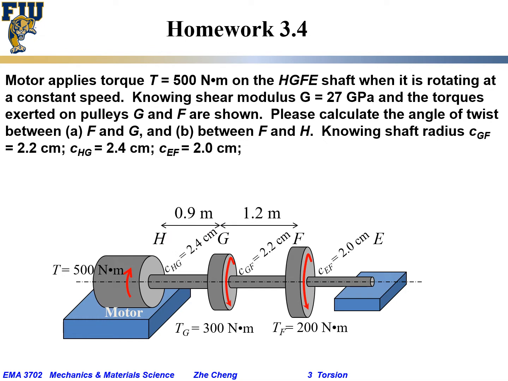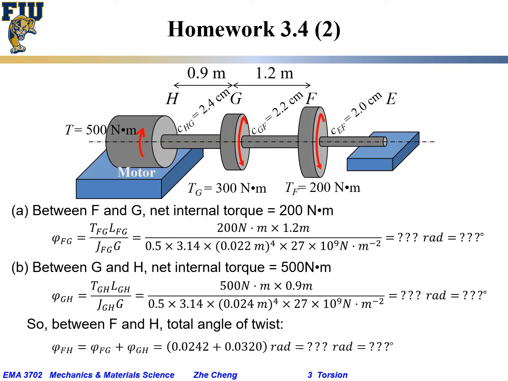So this is our problem. Let's first calculate between F and G. If we make a cut through here, what would be the so-called internal torque? Well, if we make the cut here on the pulley, that will be 200 Newton meter goes one way.